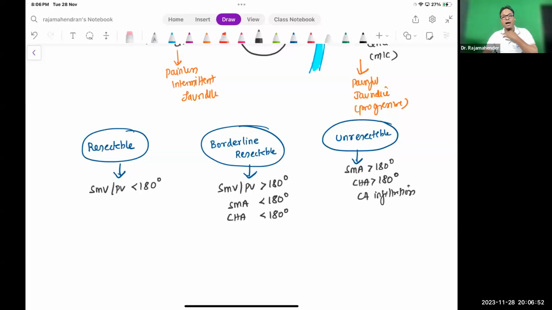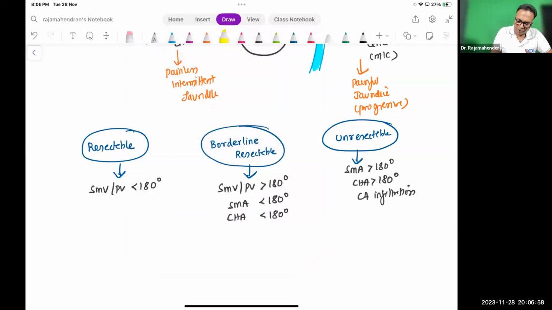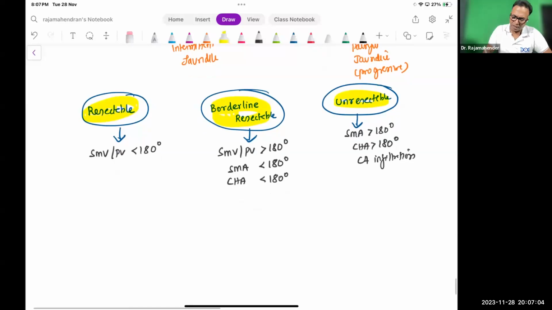These are said to be unresectable cancers. When will you say a pancreatic cancer is resectable, borderline resectable, and unresectable on CT scan? Borderline resectable cancers, I will give neoadjuvant chemotherapy and plan surgery later.